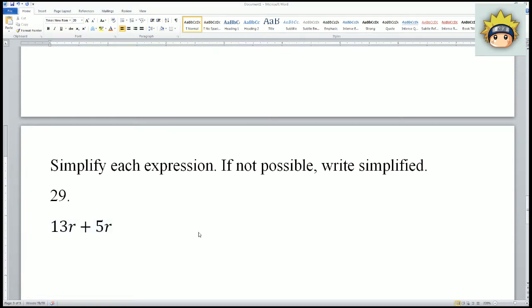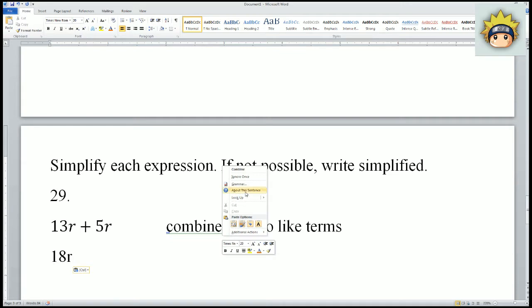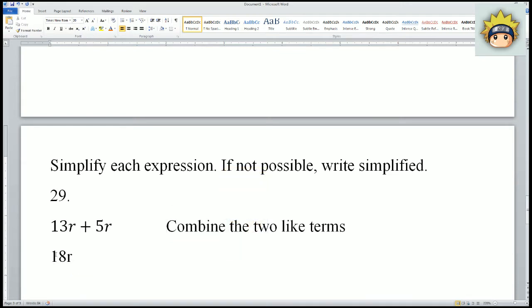So right here, what we can do is combine the two like terms. 3r plus 5r becomes 8r. It does not become 8r squared. They keep the same variable of r.